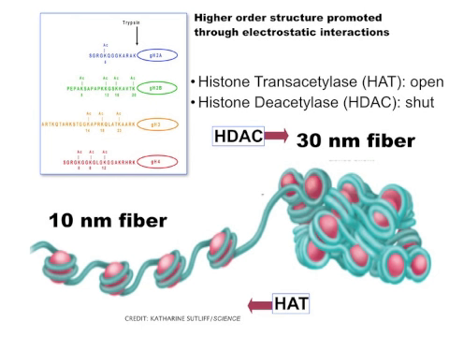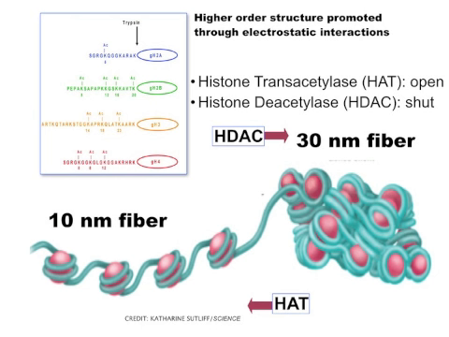Histone acetyltransferases increase transcription because the transcriptional machinery can get access to the DNA, whereas histone deacetylases reduce transcriptional activity because the machinery can't get to the DNA. Histone deacetylases remove the acetyl group from the lysines and thereby restore the positive charge on the lysine to promote electrostatic interactions.